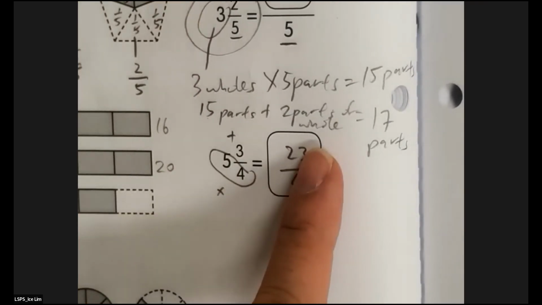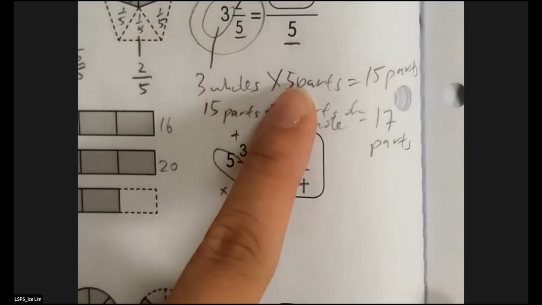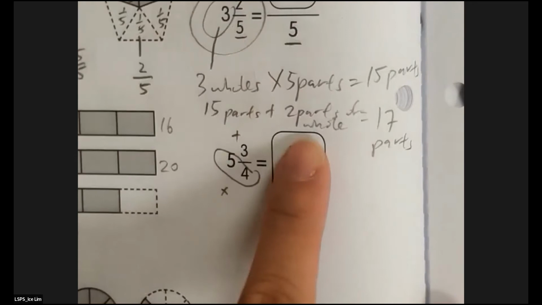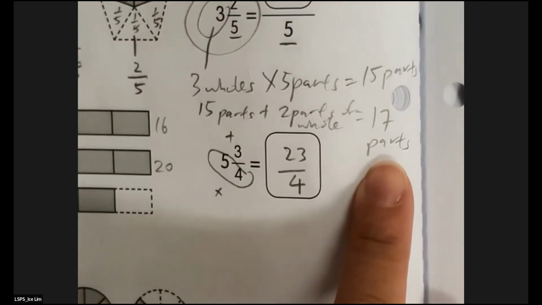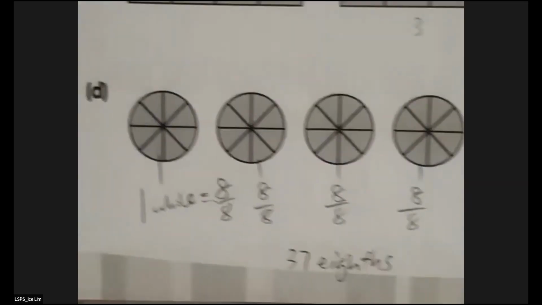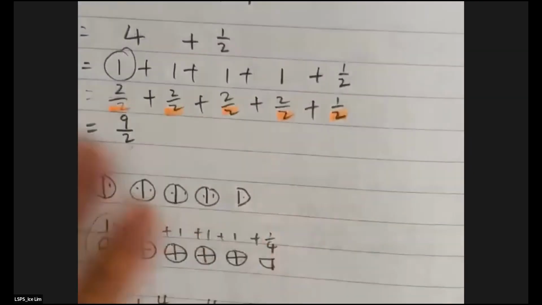I've got 3 wholes times 5 parts for each whole, and then I plus the extra, I got 17. So yes, there's actually a shortcut method. If I were to really draw all of them out, it would take me a long time. So let's figure out the shortcut.